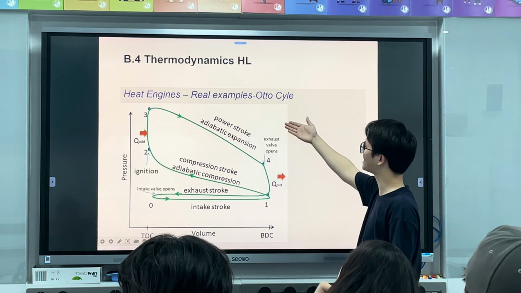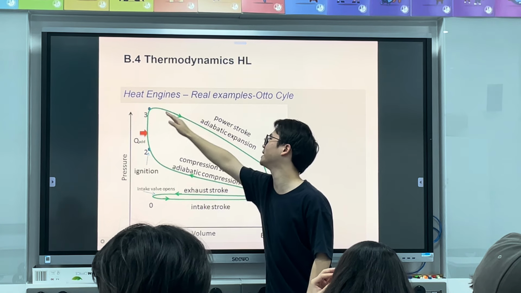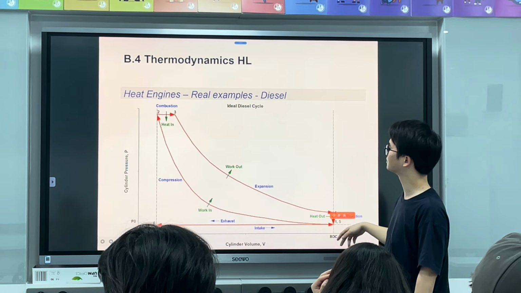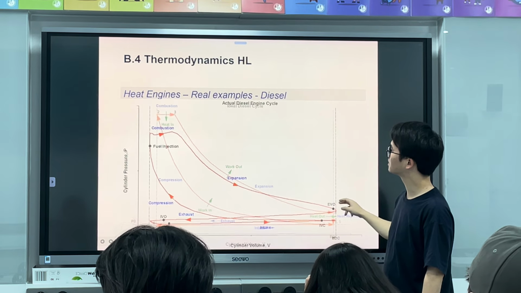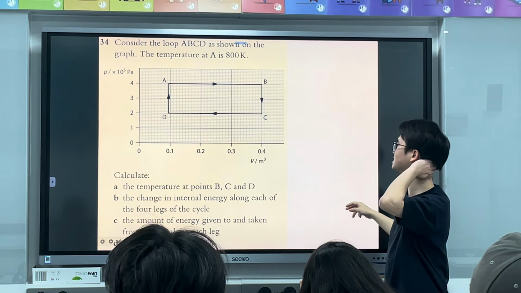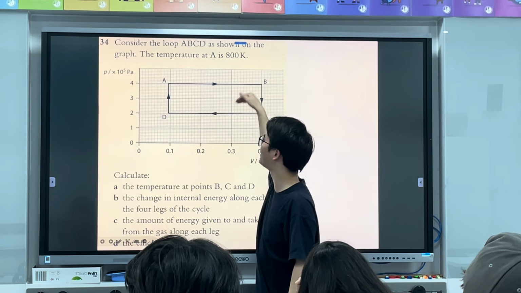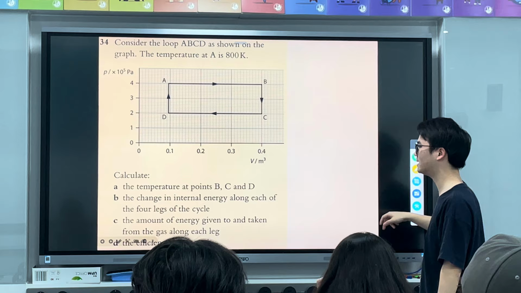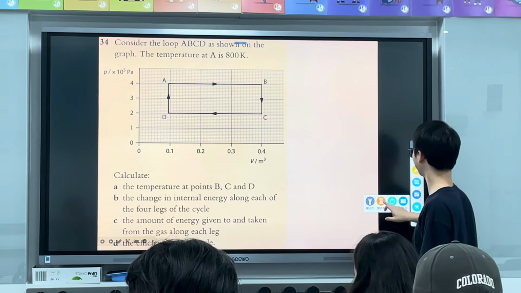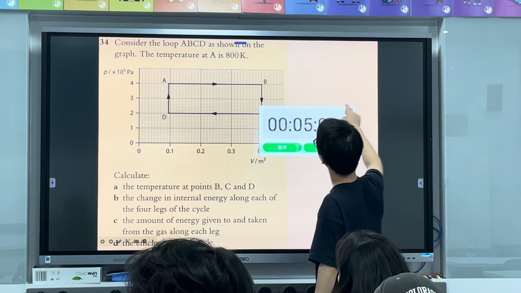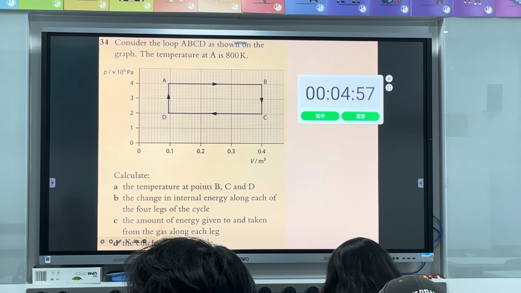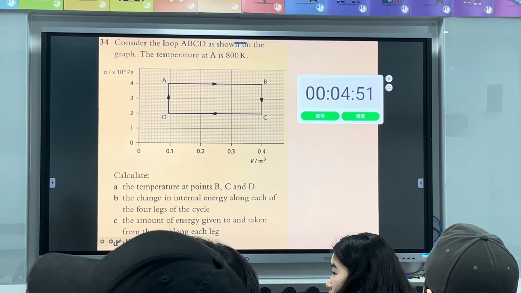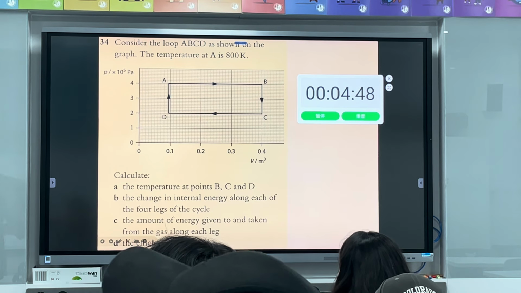This is a more real example, the Otto cycle. They still cannot be perfectly solved.